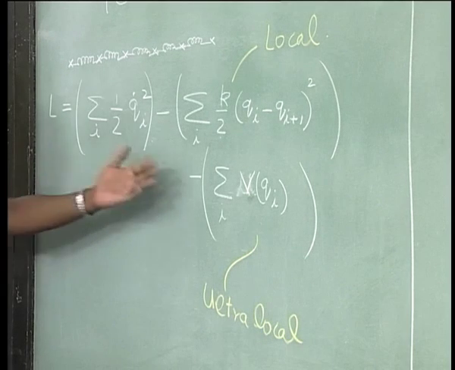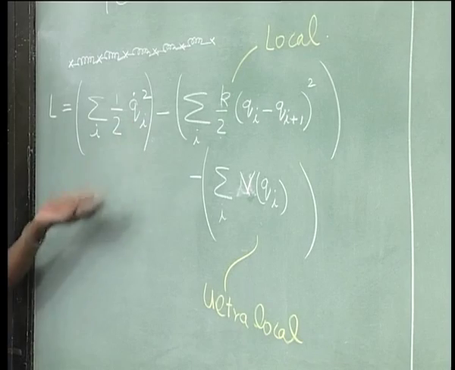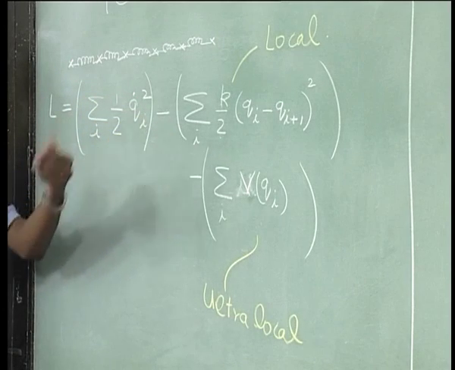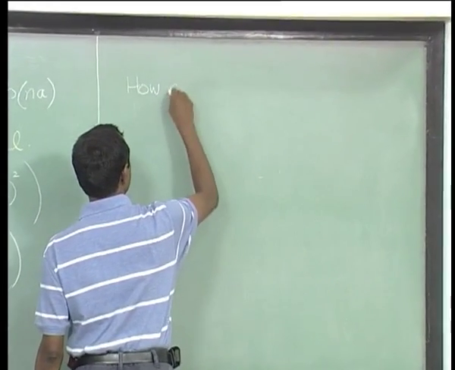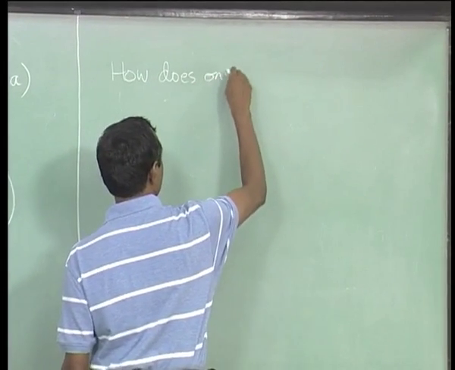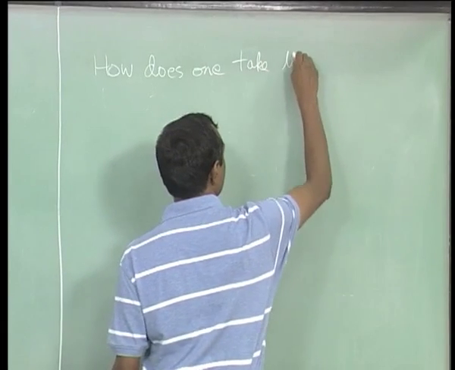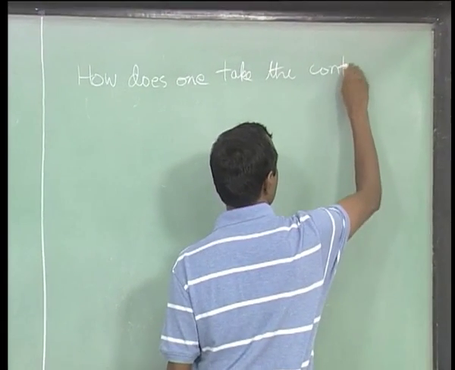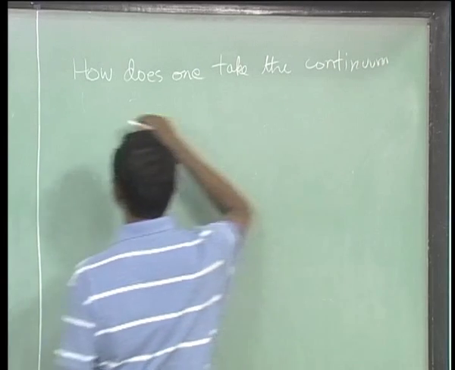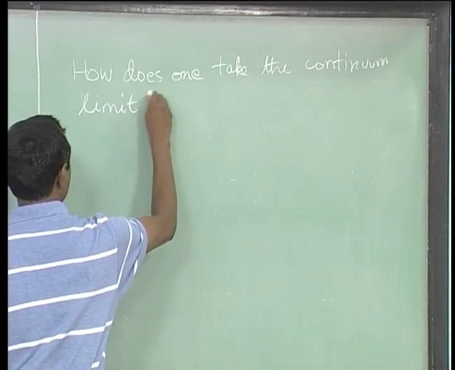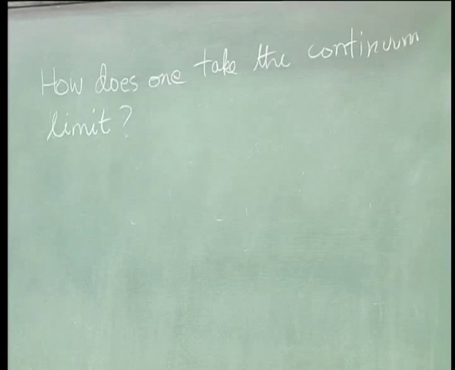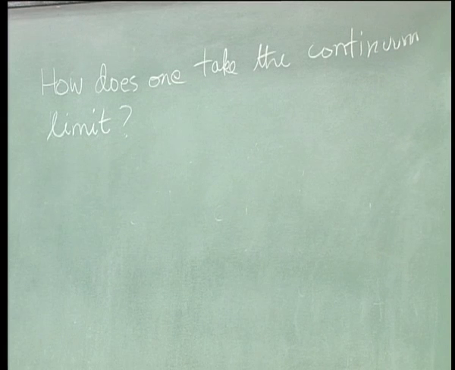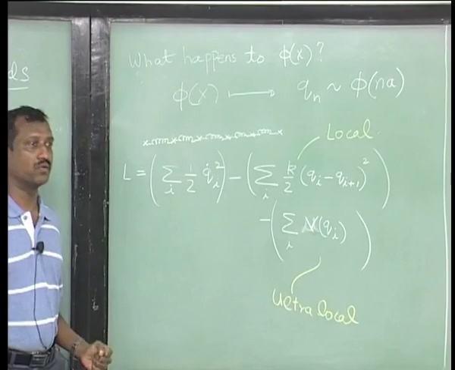So now comes the question, how would you go about taking the continuum limit of something like this, for starters. Of course the easy answer is to say take a to 0, but now comes the issue, how do we take a to 0.